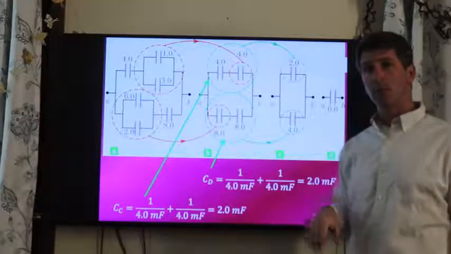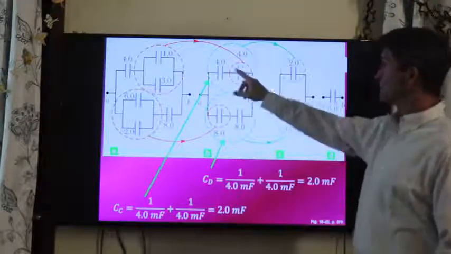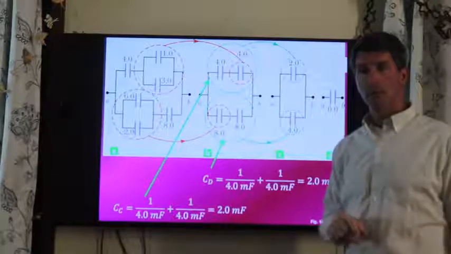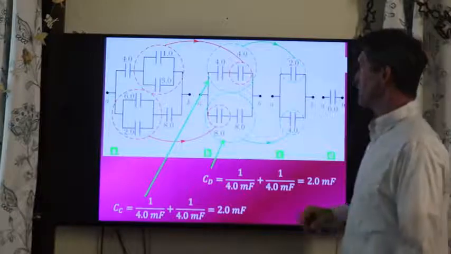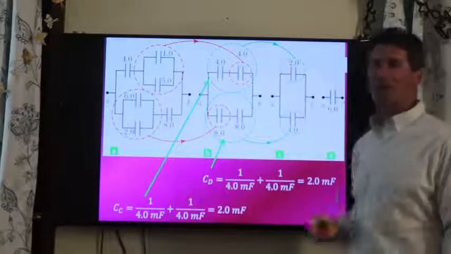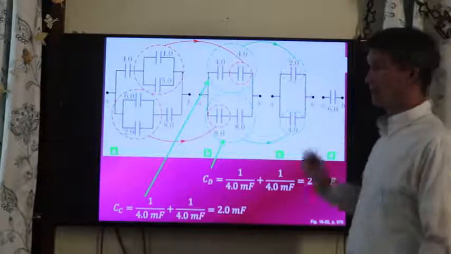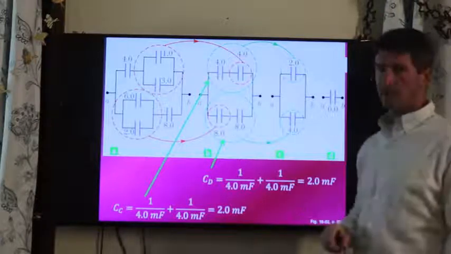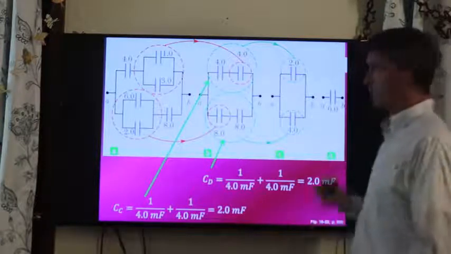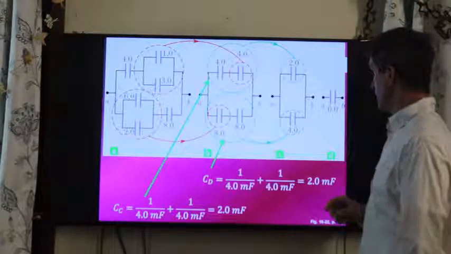The reciprocal of 1/4 is 4. So the two 4 millifarad capacitors become a 2 millifarad equivalent. The two 8 millifarad capacitors become a 4 millifarad equivalent.